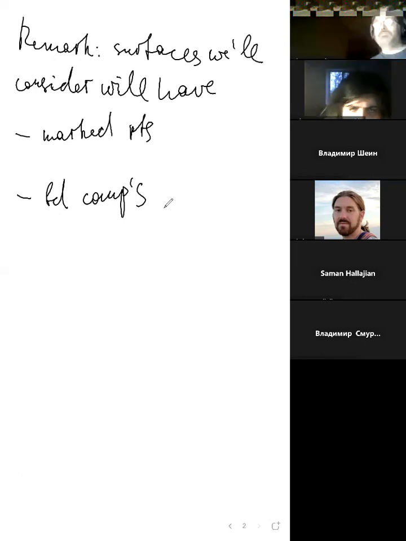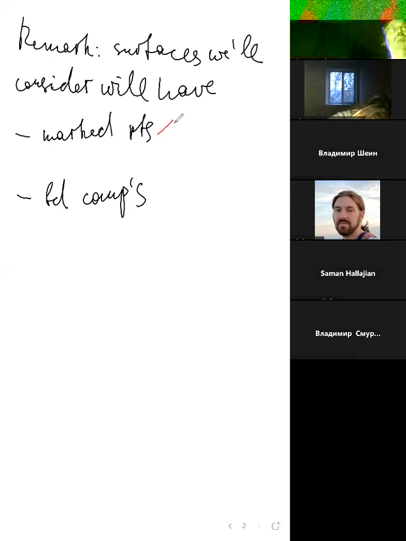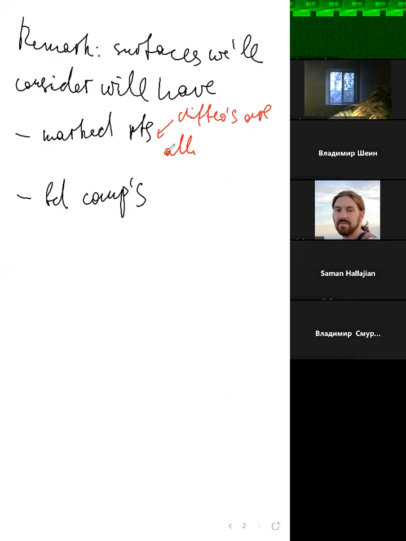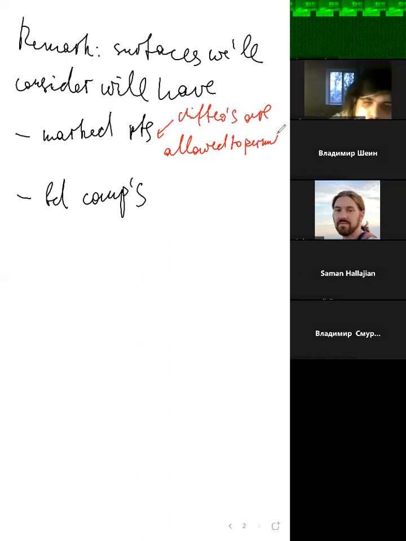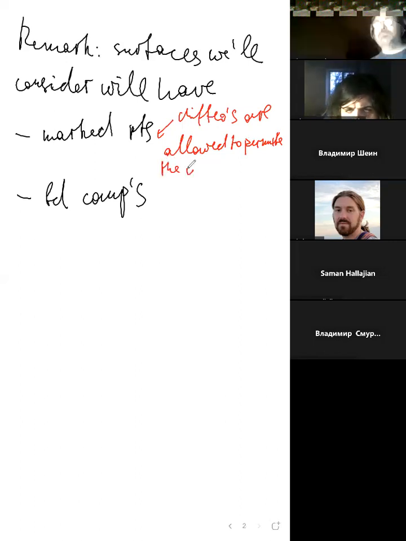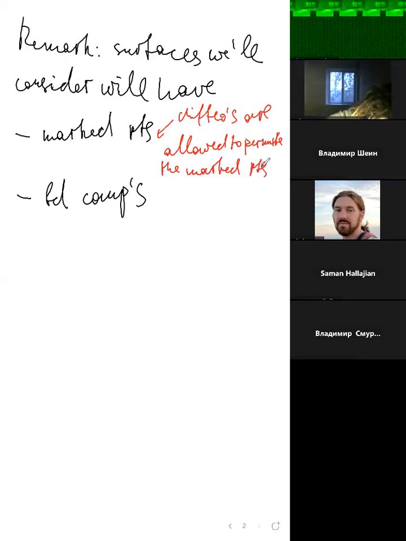We will consider surfaces which have marked points and boundary components. So diffeomorphisms are allowed to permute the marked points.